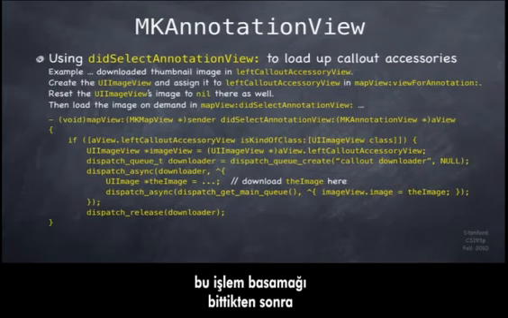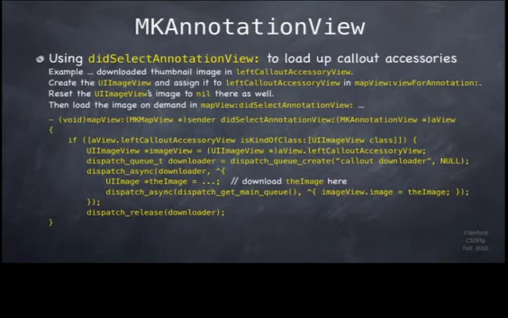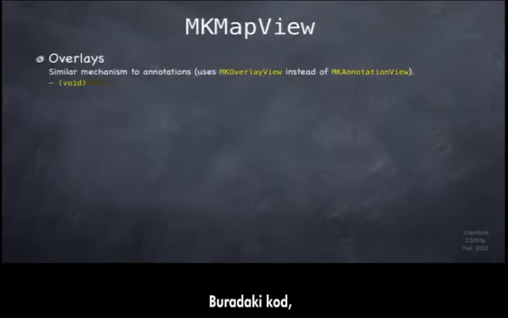Now, this is probably more okay to do than in the table view case because there's only one image view up at a time anyway, right? And the chances that you clicked on the same one and it reused that same cell to show that image are pretty low. So this might be okay. It's like a corner case, but it's also missing a curly brace, it looks like, at the bottom there.